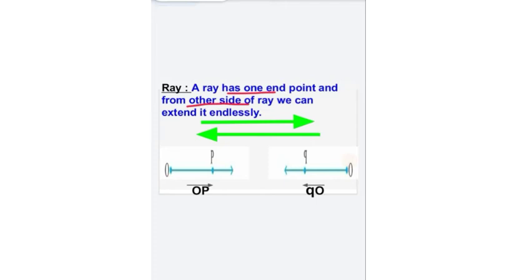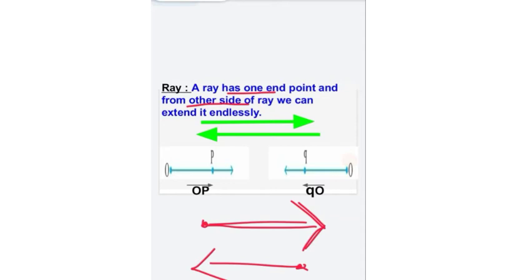A ray is a combination of a line segment and a line, in which on one side we have an endpoint, as in a line segment, whereas on the other side we have an arrow, which means we can extend it from that side endlessly, as in a line. The arrow can be of two types, one on the right side and the other on the left side.